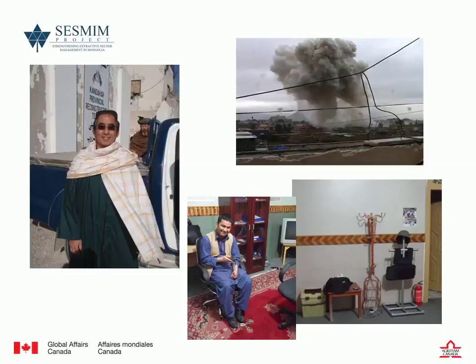Anyway, I just want to show you, when I did this project, it was all remote sensing for me because Canadians cannot go to the field. So I had to hire a local Afghan company to do my surveying and to help me with the remote sensing.